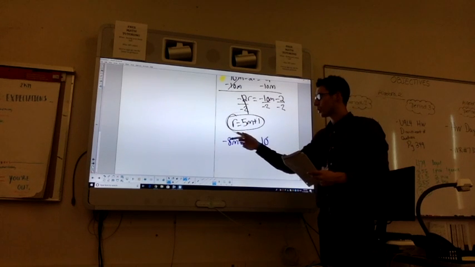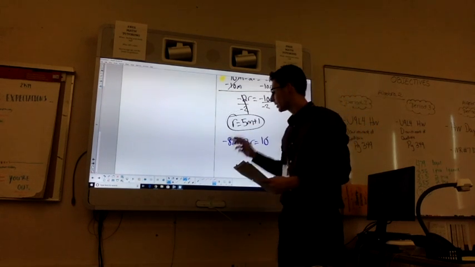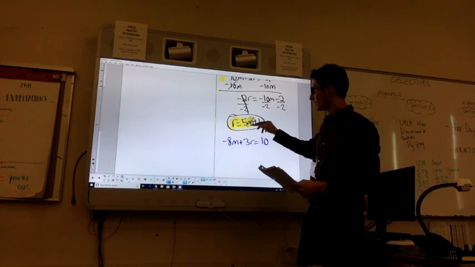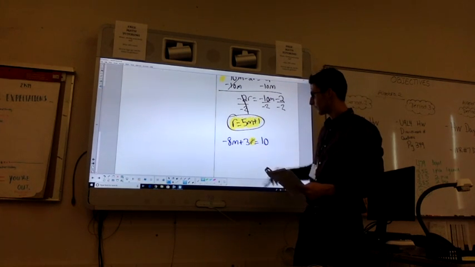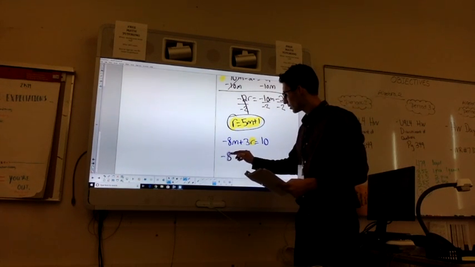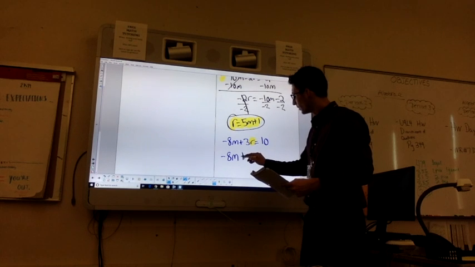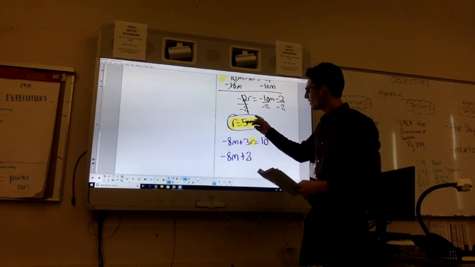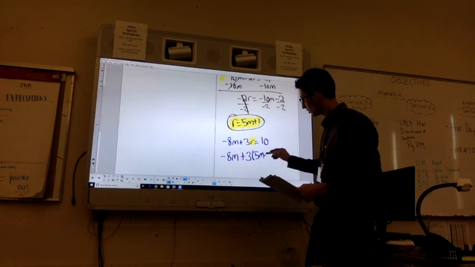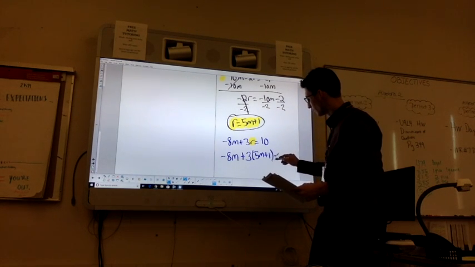And again, I just solved for r, so I'm going to get everything in terms of m. So r was this, so I'm going to substitute that in for my r. So we should get negative 8m plus 3 times this whole thing, 5m plus 1 equals 10.